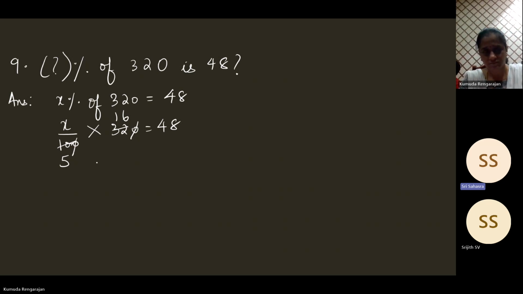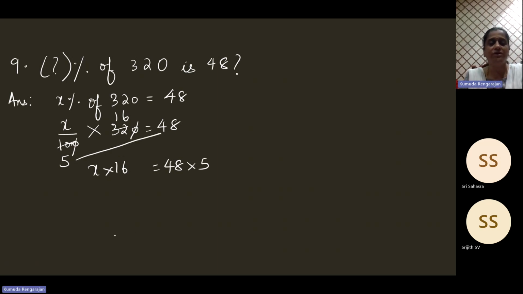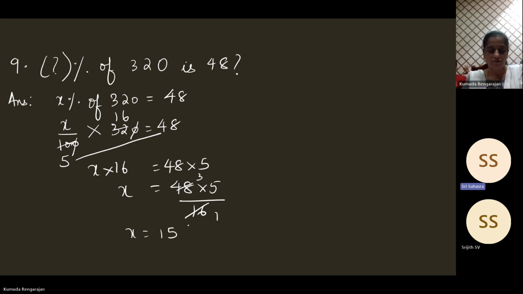X equals to 48 into 5 by 16. Correct. Or you can do it in 2 steps also. Cross multiply. When you cross multiply, X into 16 is equal to 48 into 5. So X is equal to 48 into 5 by 16. Now 15. Correct. 15% of 320 is 48.